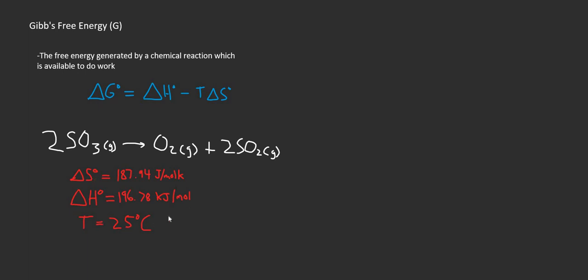But we're going to need to do some changes here. Our units need to match. If you'll notice, the entropy is in joules, and we need that to be in kilojoules, because we want to represent our delta G value in kilojoules. So these joules need to be changed into kilojoules. If you remember, there are 1,000 joules in 1 kilojoule.